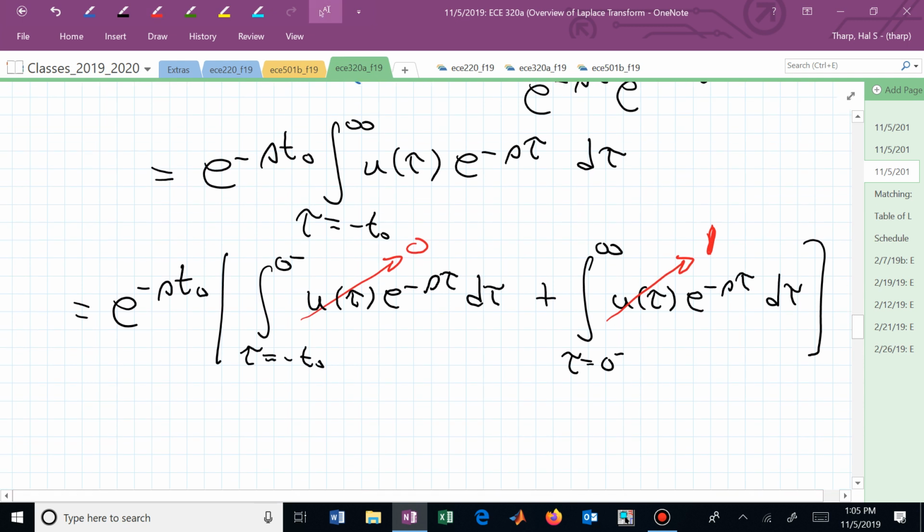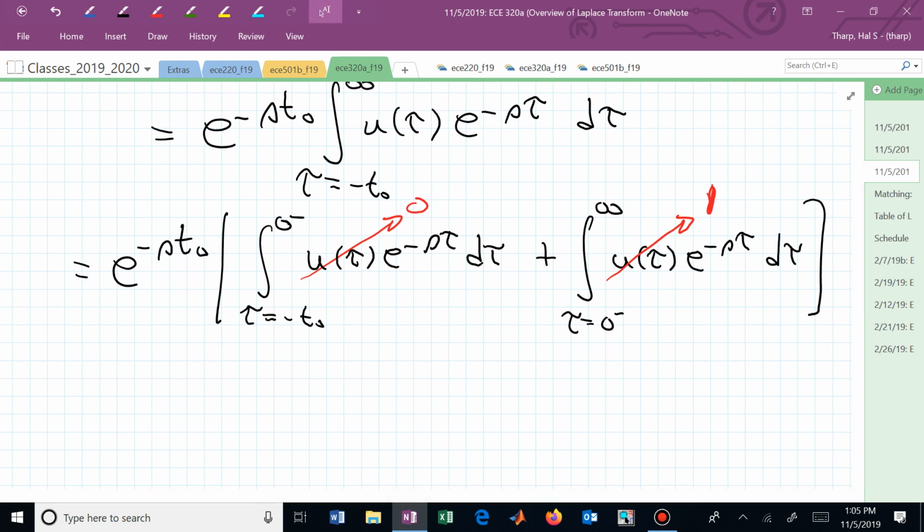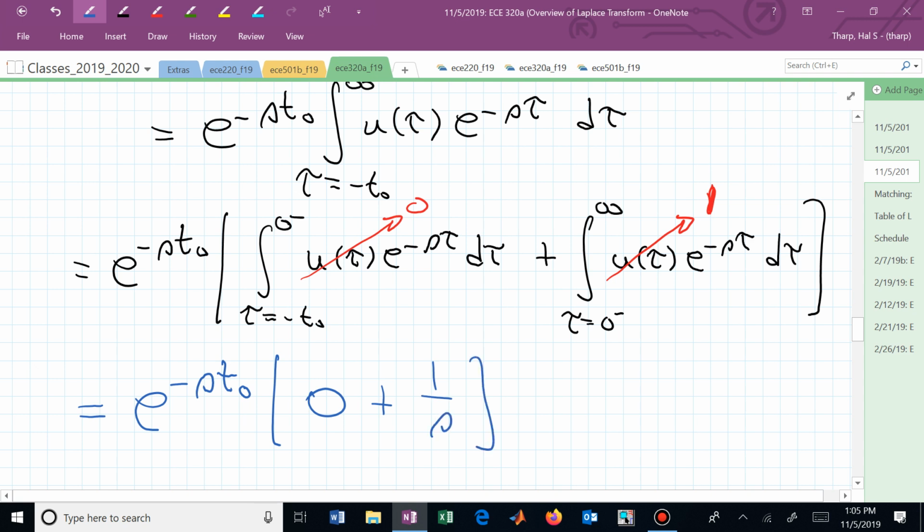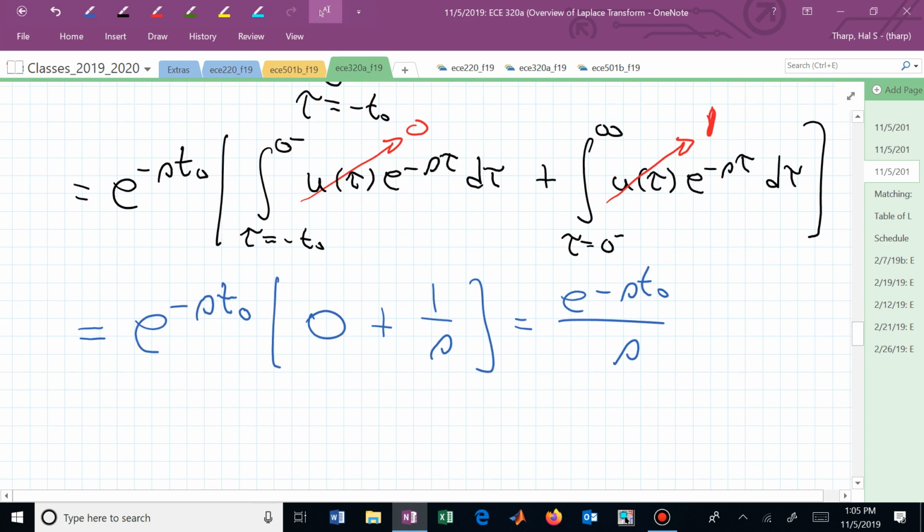And we've already integrated that right-hand side. Let me just go ahead and emphasize the fact that the first piece was 0, the other one was 1 over s, and now we have e to the minus s t naught over s. And this was the Laplace transform of a delayed unit step.